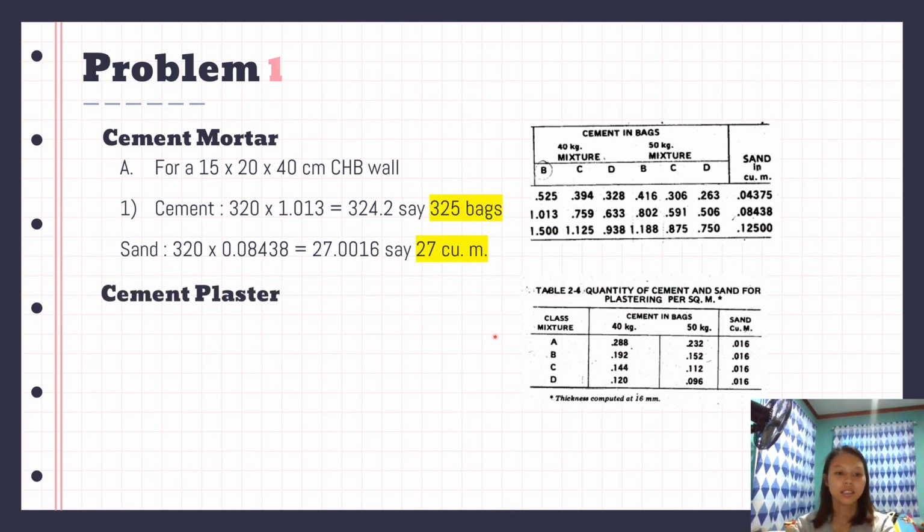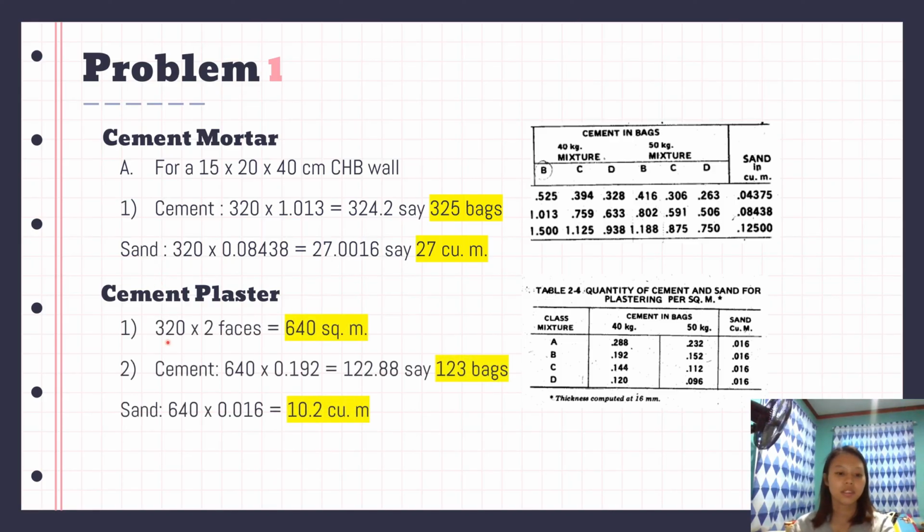Next is the cement plaster. First is to get the total area to be plastered. This is the area, 320 times 2 faces, which is equal to 640 square meters. In solving for the cement, we refer to Table 2-4 using Class B mixture again, 40 kilogram cement.